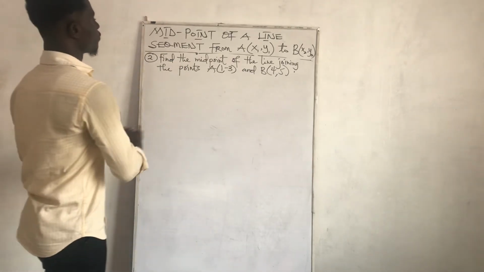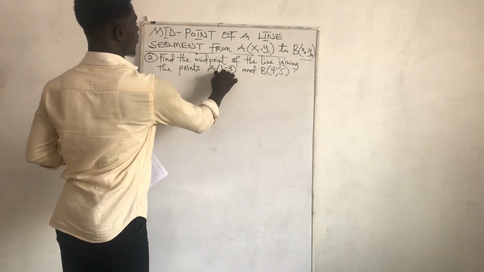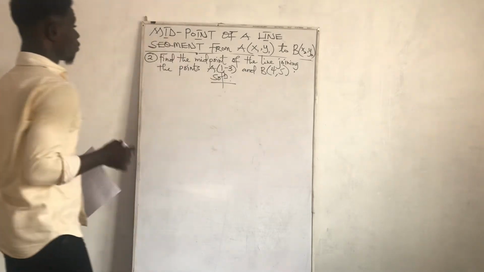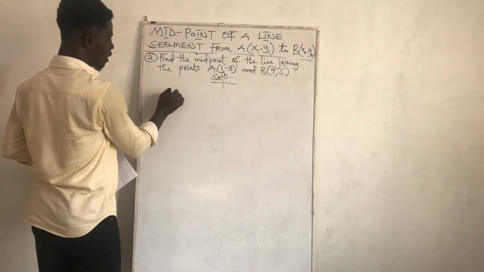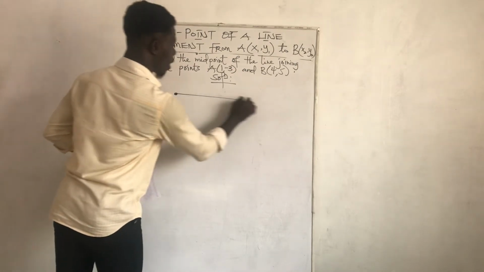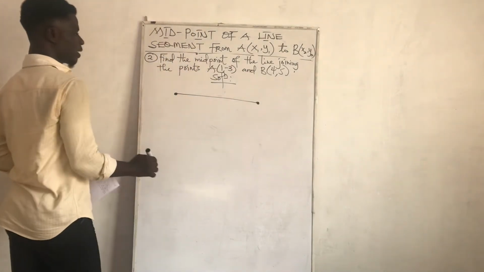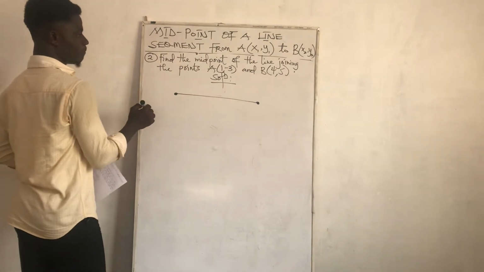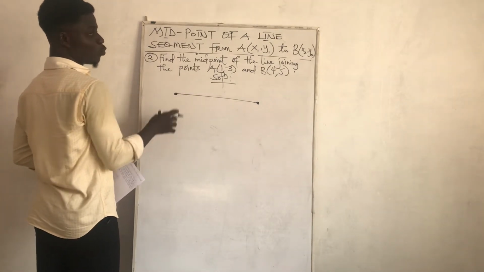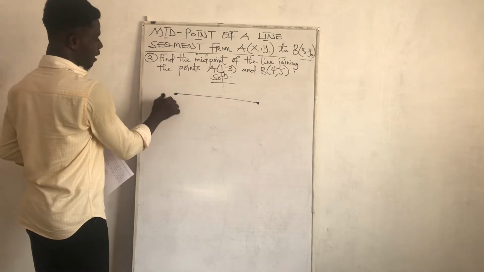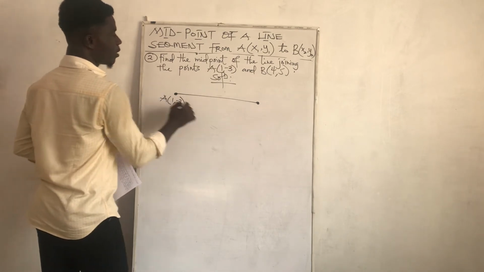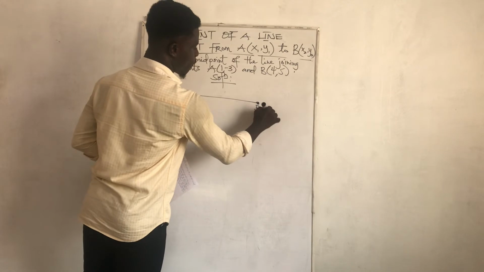So let's see. Solution. How best can we solve this question? We are finding the midpoint. So we have two points joined by a line, point A, which is (1, -3), then point B, which is (4, 5).